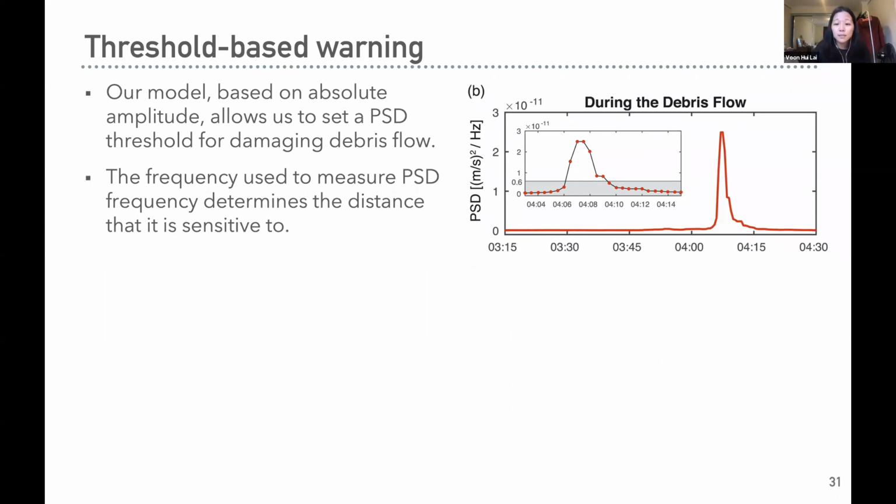So for instance, in this example from Montecito, the threshold is marked by the gray line that gives us a couple of minutes before the most damaging front hits. Likewise, weaker flows or damaging flows that are far away from the region will fall below the threshold and not trigger the system. And this threshold is unique to debris flow and will not be exceeded by other natural signals.